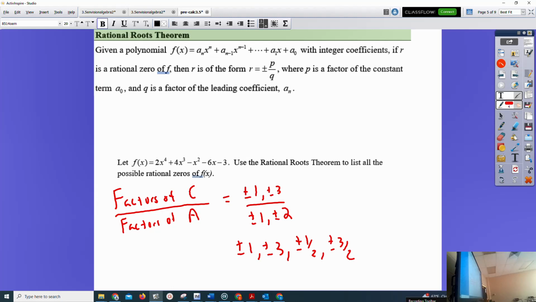Maybe you guys pick stuff at random, do synthetic division. That's what this section is. You'd have to do all 8 of them? No, you just have to find enough to reduce it to a quadratic. Because once you get down to a quadratic, what can you do? Factor or quadratic formula.